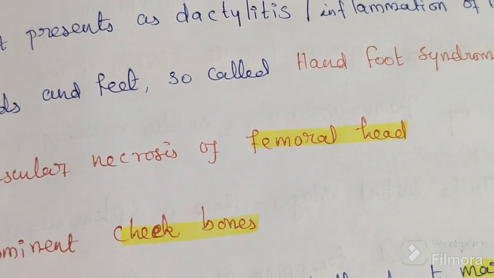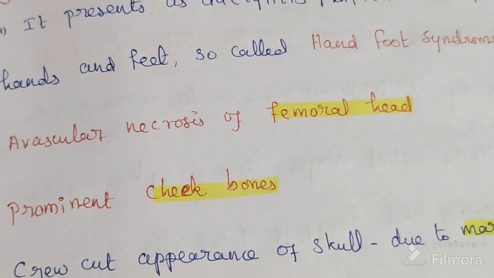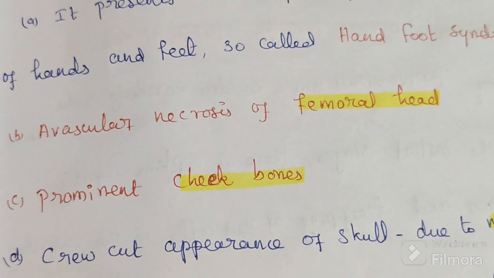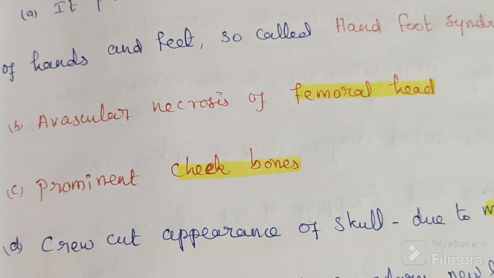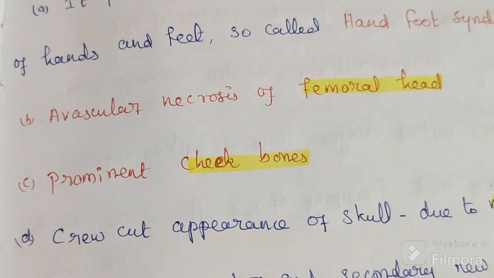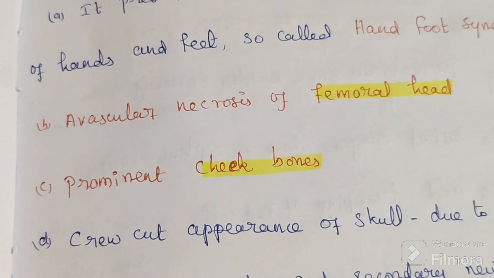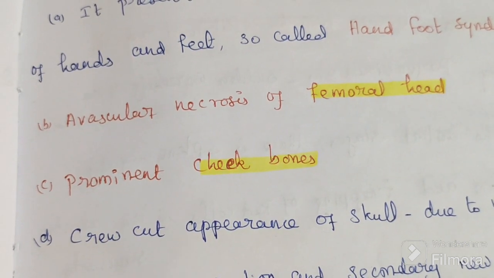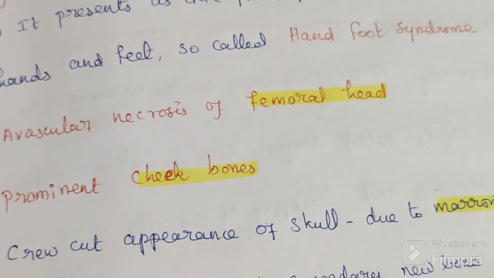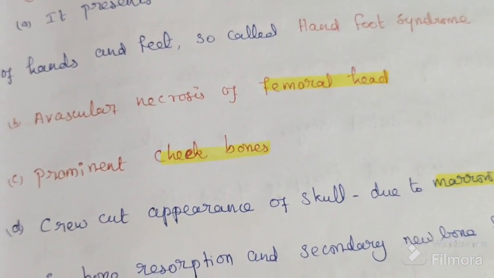It can lead to hand-foot syndrome, especially in the digits. They have end arteries, and whenever these end arteries are blocked by sticky clumps of sickle-shaped cells, they get inflamed. It is a highly painful condition, and this is known as hand-foot syndrome.